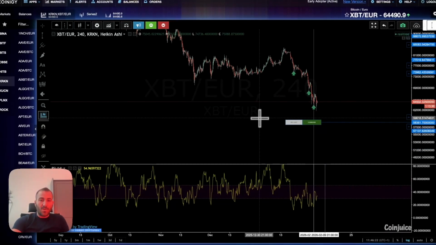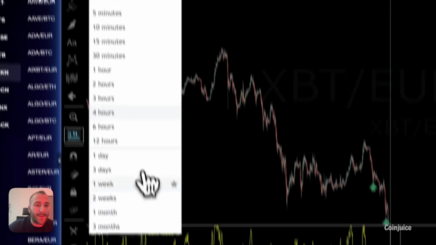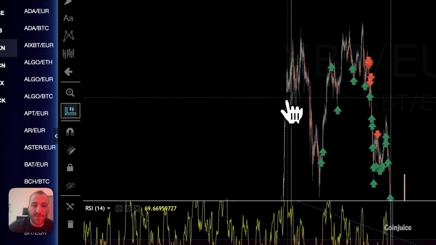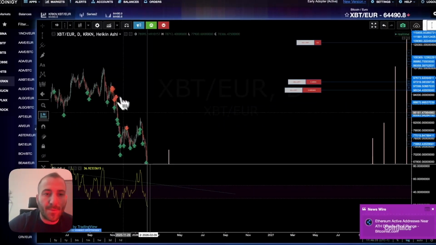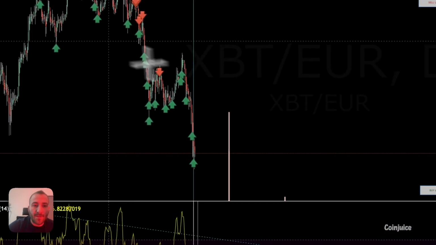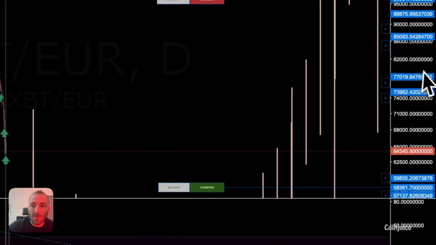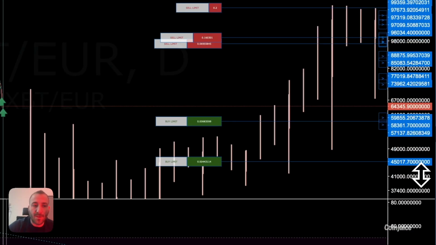I'm not really looking to speculate here on Bitcoin for a fast trade or anything like that. Reason being is because I took most of my profit up here with these multiple sells, and now I'm just layering in slowly, not knowing what is in store for this bear market.